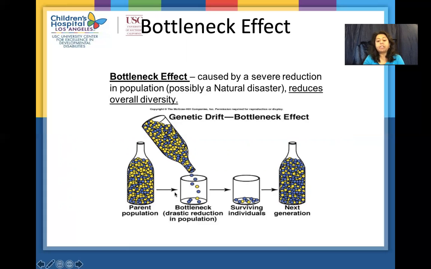There, for whatever reason, if there's a huge reduction in the population, the frequency of certain genes might be very different in the subsequent generations who survive whatever that bottleneck experience was than the original parent population.